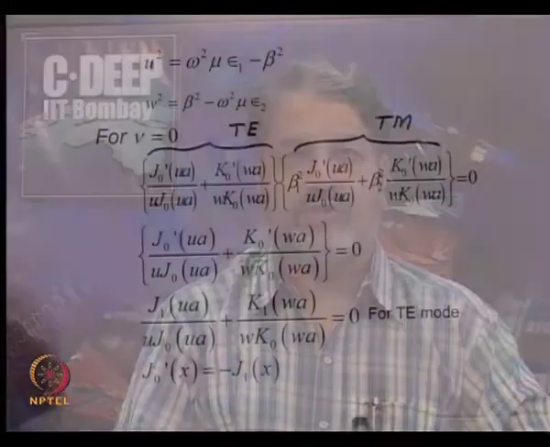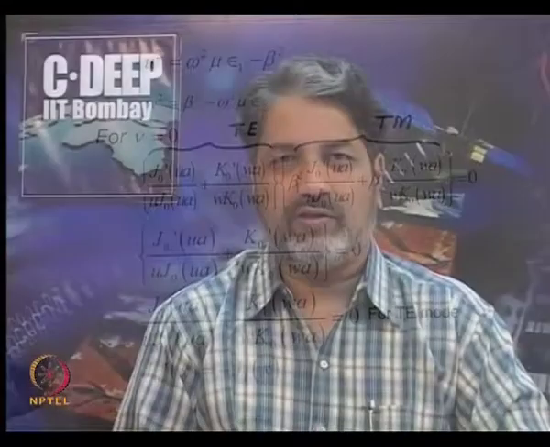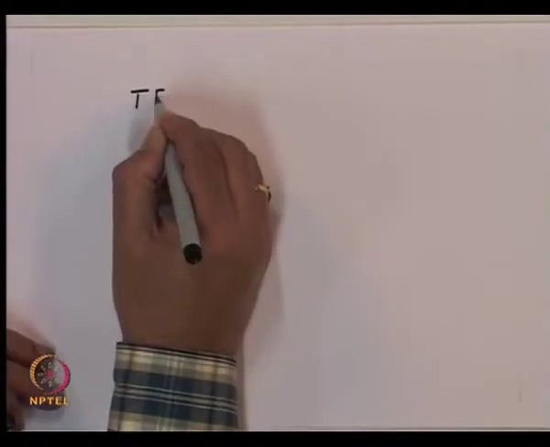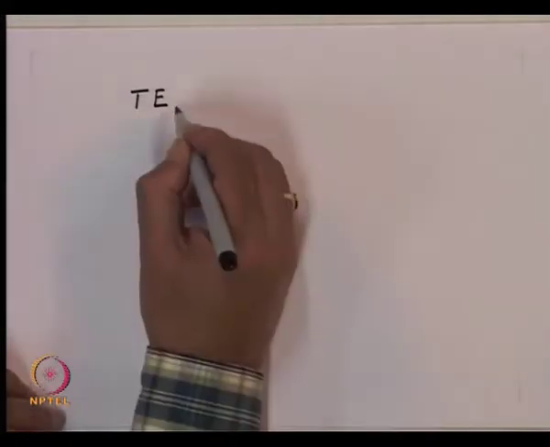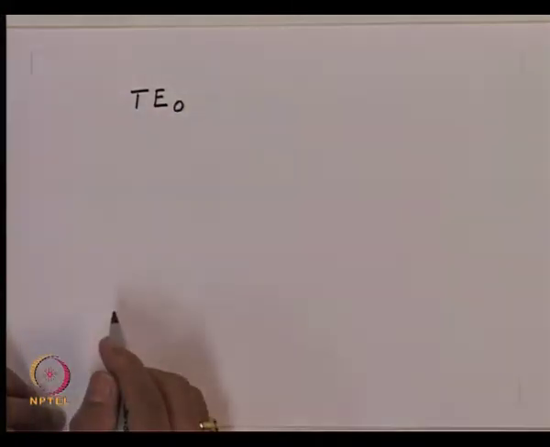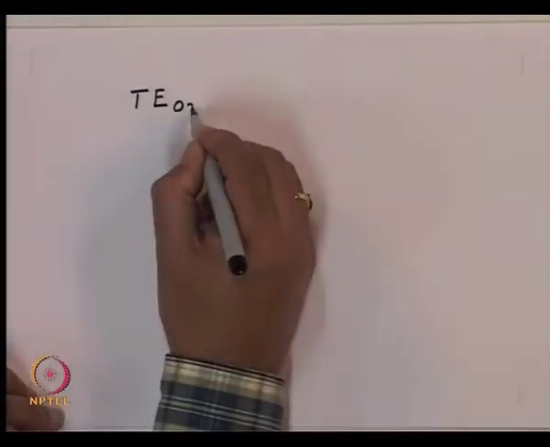So if I get the first solution, then I have a combination of some nu and the first solution. If I take the second solution, then I have a combination of nu and the second solution, and so on. So in general, we can designate a mode which is TE, and for TE, since the nu is always equal to 0, the first index we put as 0, and then depending upon the solution, whether it is the first, second or third solution, we put some index m.